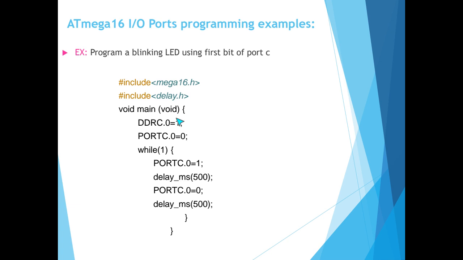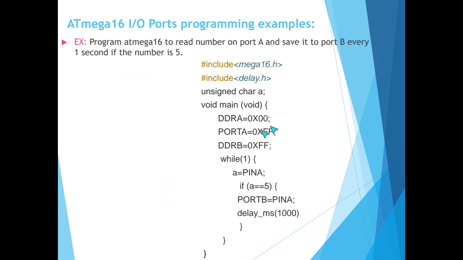If we want to configure all of the bits of port C as in previous slides, we should write DDRC as you see here. For example, DDRC equal 0xFF, all of the bits are logic 1.